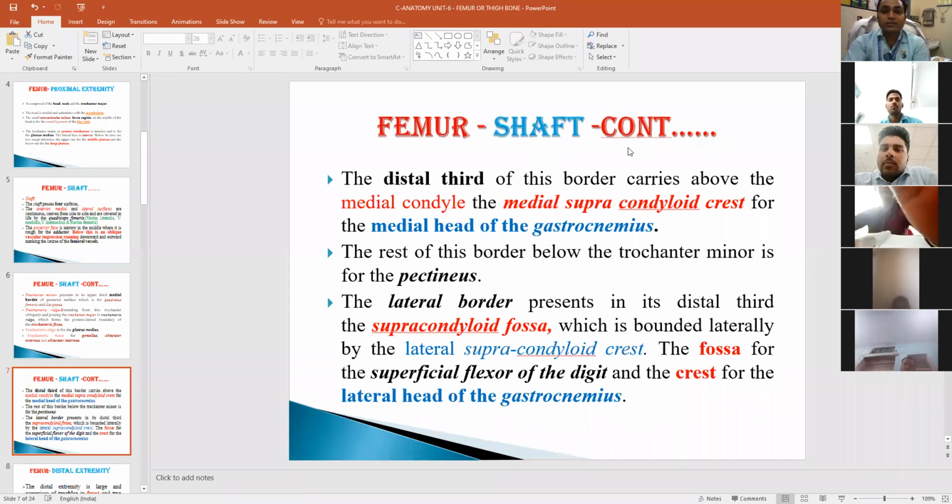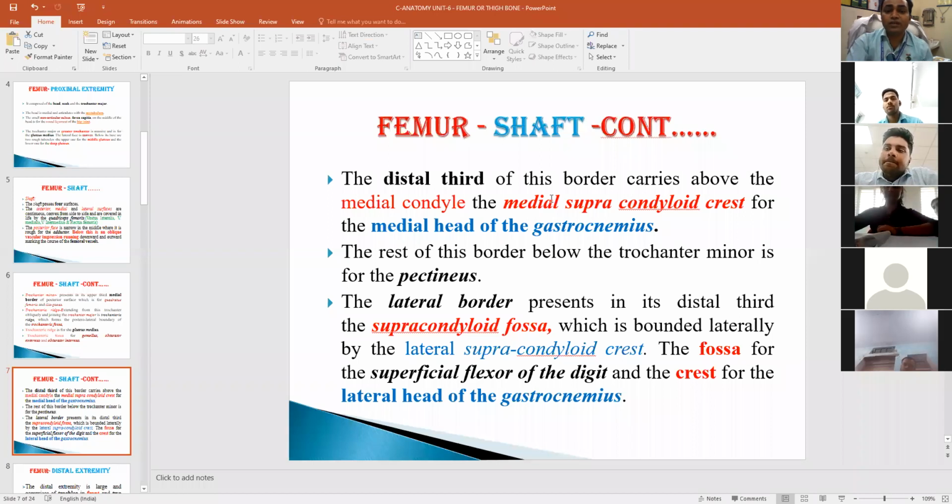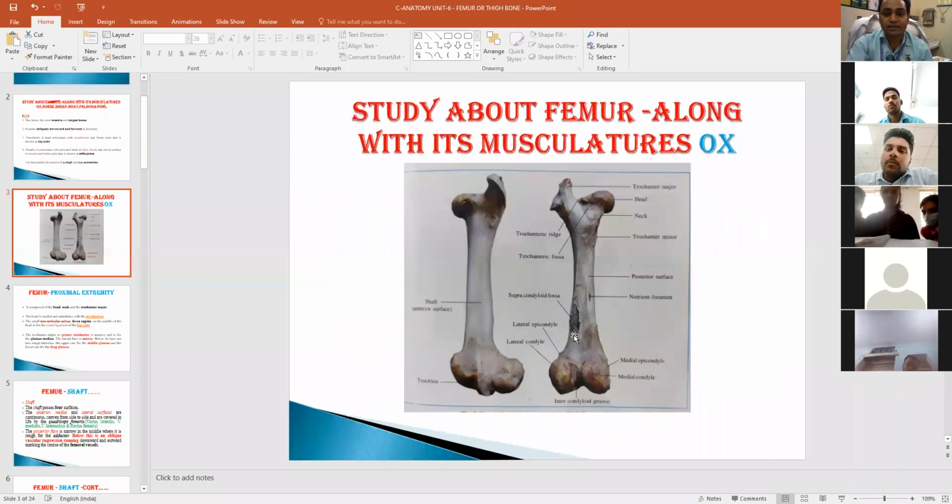Now, the distal third of this femur contains structures known as the medial supracondylar crest and the lateral supracondylar crest. So what is the medial supracondylar crest and what is the lateral? You see here, the anterior part is known as the trochlea and the caudal part is known as the condyle of the femur on the distal extremity.